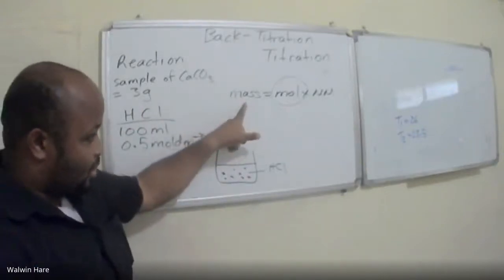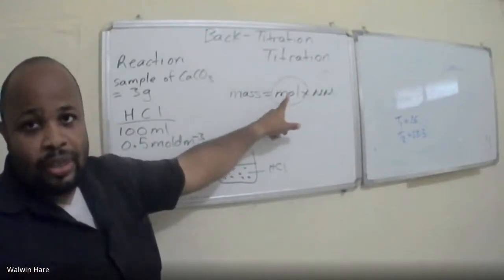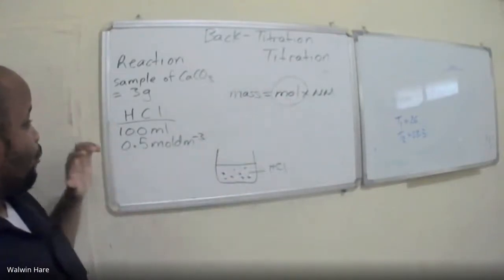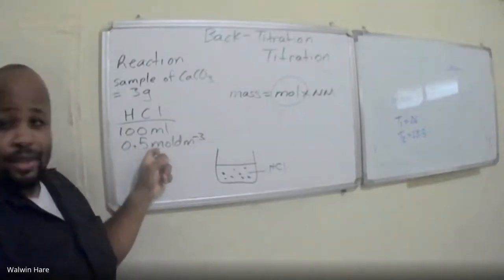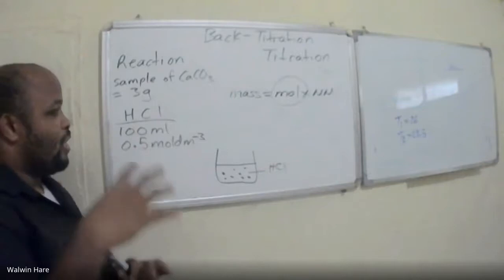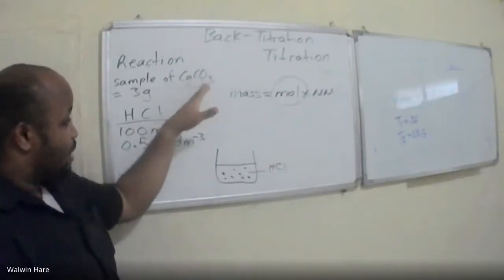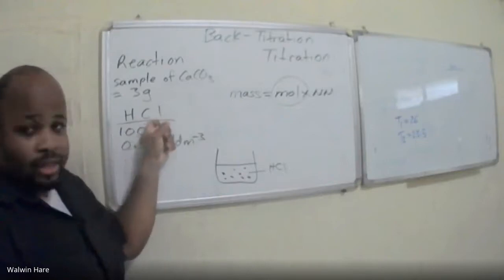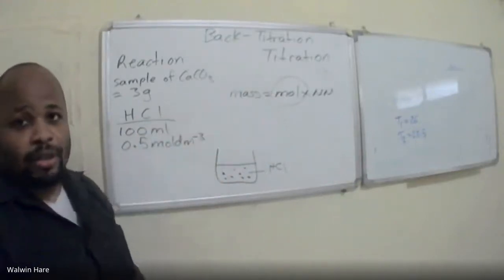And to do that, we need to know the moles of calcium carbonate present. So when we react it with the hydrochloric acid, we are going to use the mole ratio between calcium carbonate and hydrochloric acid to get the moles of the calcium carbonate.